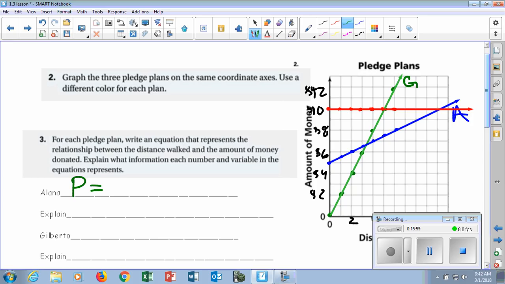P and K. K for kilometers, which is our distance. K what? 0.50. Okay. So I'm going to write it the other way around. 0.5K. That's for 50 cents per however far they walk.